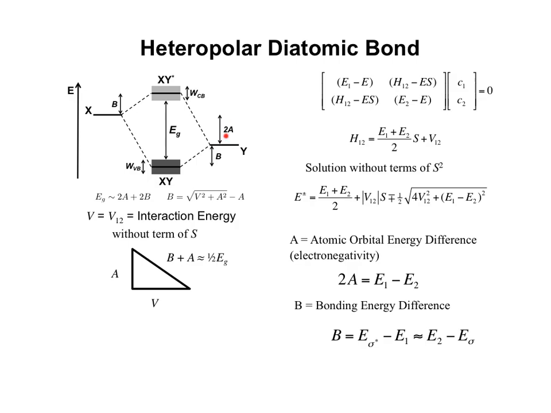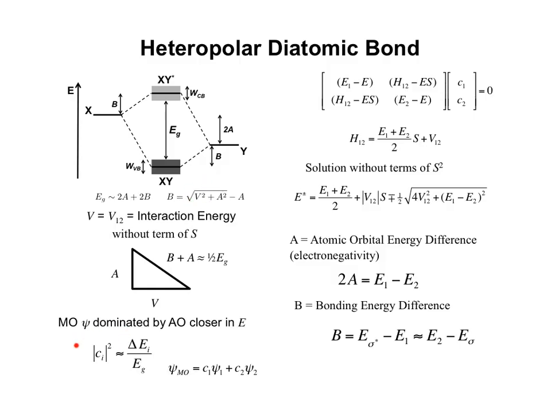Larger separation of the atomic orbital energy states gives us a smaller bonding interaction. This tells us that the bond energy is largest when A is 0. A is 0 when the electronegativity of the two atoms is the same. When X and Y are the same atoms, the bond energy is exactly equal to the bond integral V.